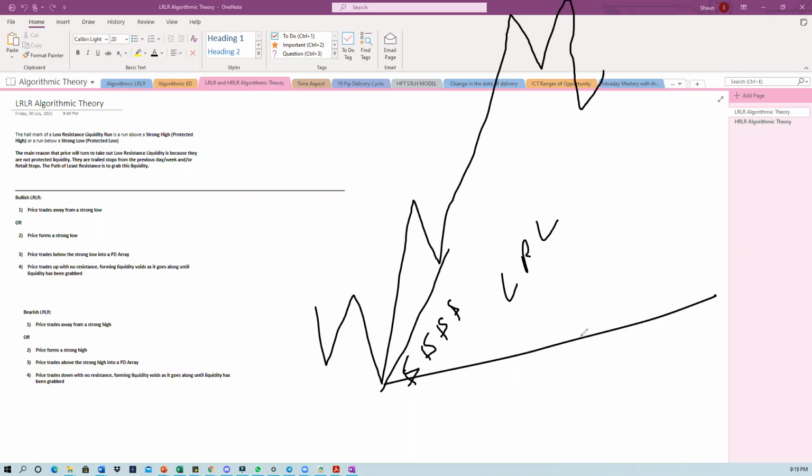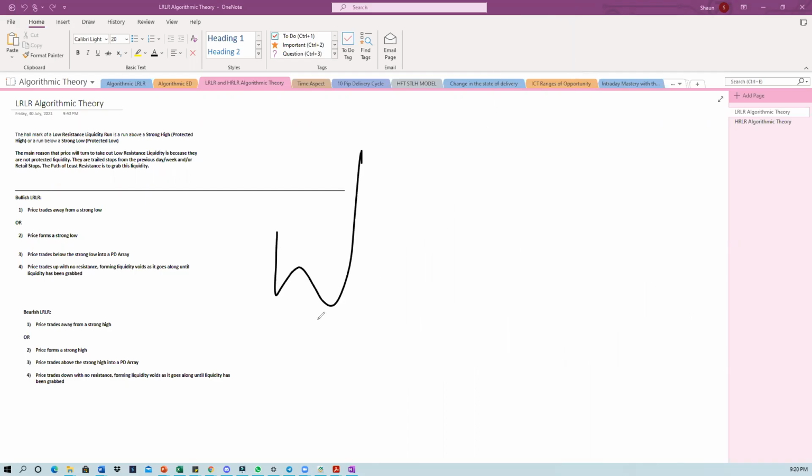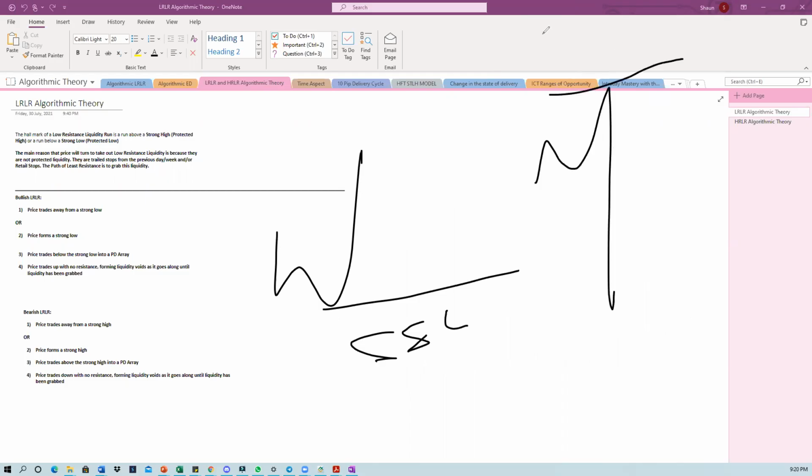This fellow. Okay, this guy becomes your obvious target. So when you have all of these in context, when you have the narrative like this, you will be easily able to identify what low is sell side liquidity and what high is buy side liquidity, right?